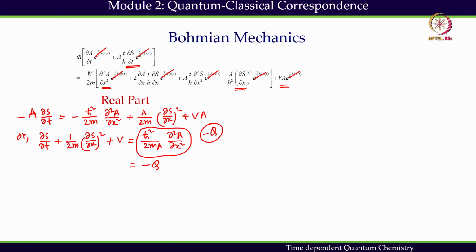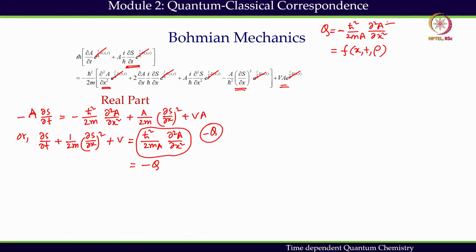And we understand that this Q term, which is nothing but h-bar squared by 2m, A, second derivative, it is a function of x, t and rho. Why?